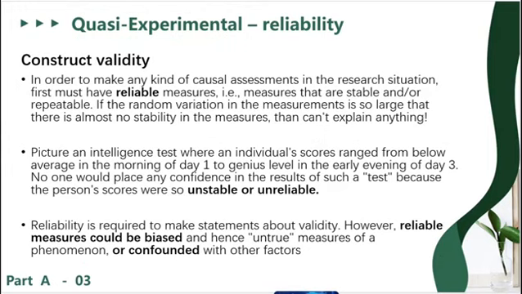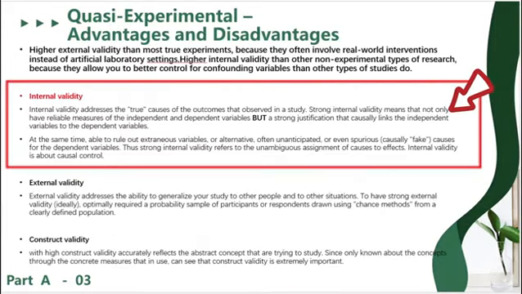The above design method will be directly related to the effectiveness and reliability of the whole experimental research. First, internal validity addresses the true causes of the outcomes observed in a study. Strong internal validity means that not only have reliable measures of the independent and dependent variables, but a strong justification that causally link the independent variables to the dependent variables.